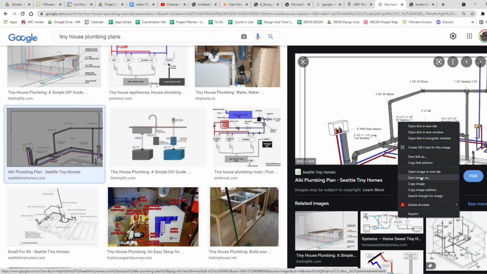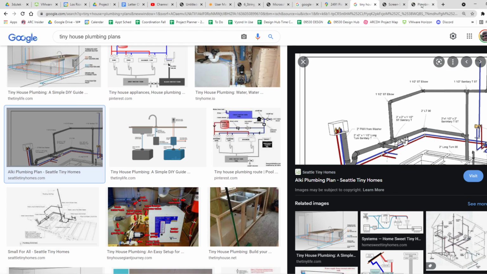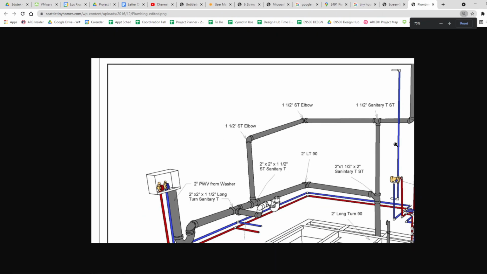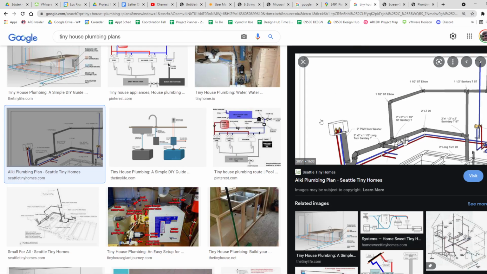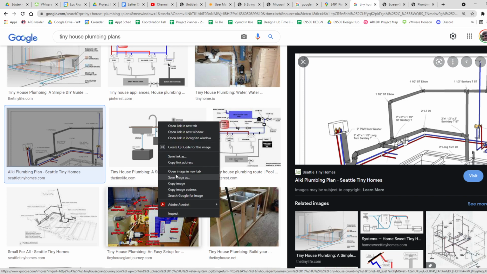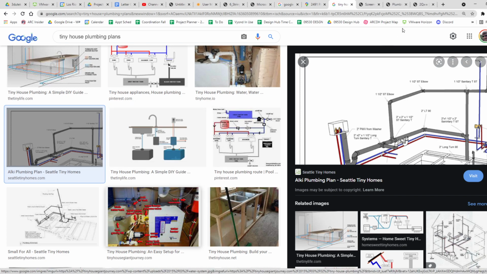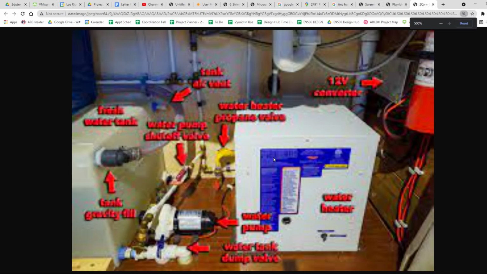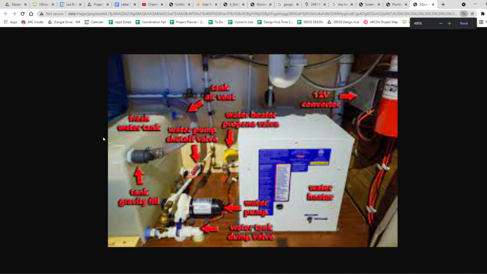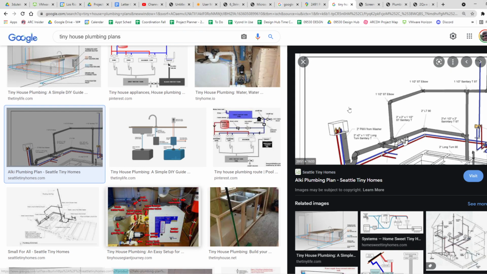Doesn't it look almost the same? Oh, it's cut off. So that's probably why. This wouldn't be bad. You could kind of trace that out. Well, kind of hard to read. But you get the idea.